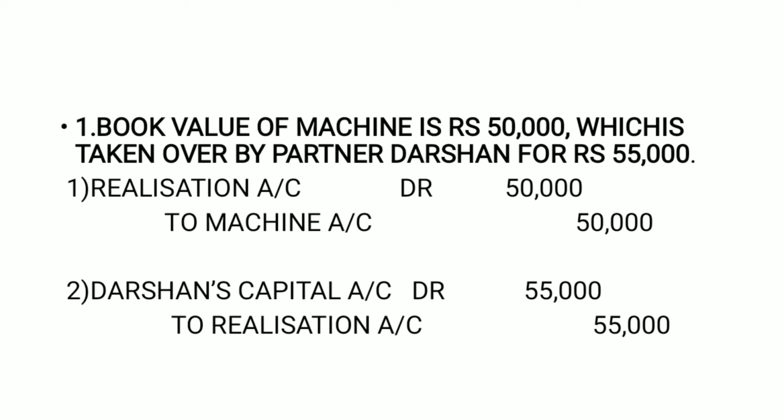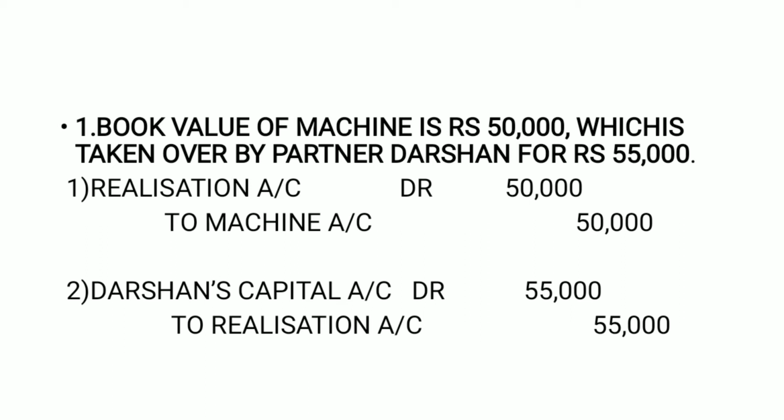Now what is the usual process? An asset account is closed and then the asset is sold, which means the value of the asset is realized. But here they say that the asset has been taken over by a partner.